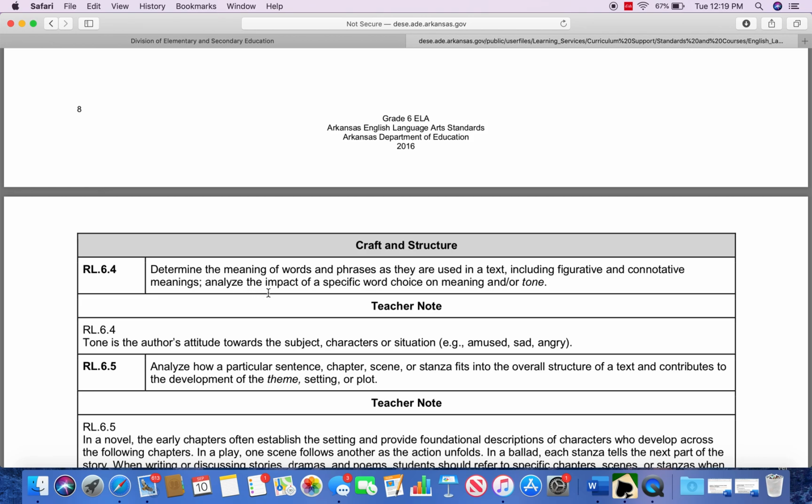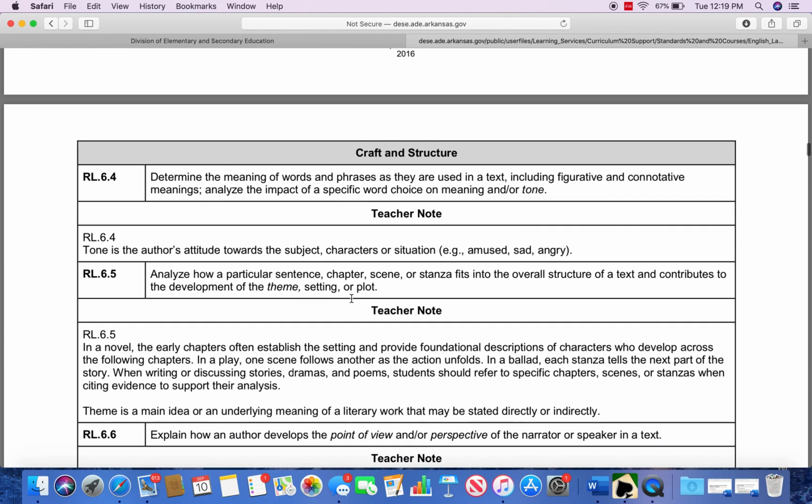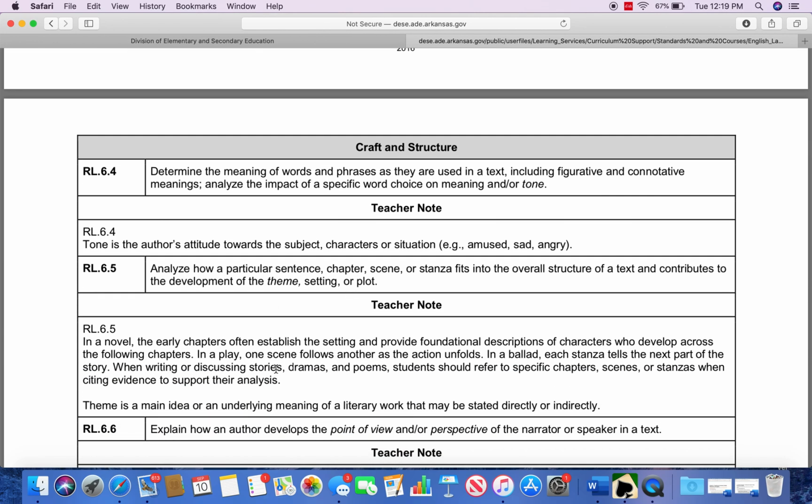And then they are to analyze the impact of a specific word choice on meaning and or tone. And then here's a teacher's note to give you some additional insight. Tone is the author's attitude toward the subject, characters, or situation. Examples of tone would be amused, sad, and angry.